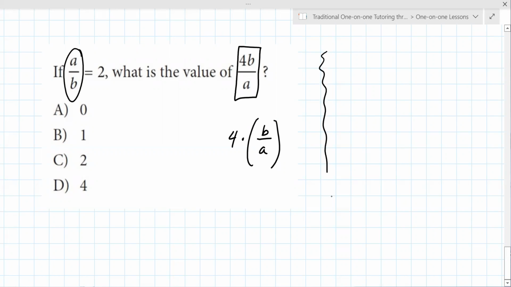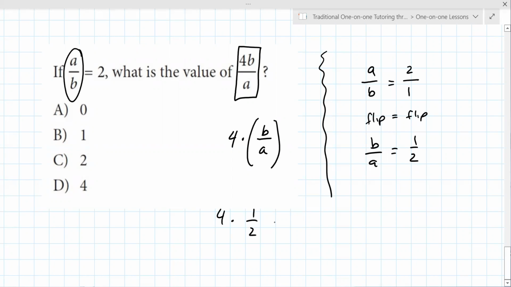So over here off to the right, if I write a over b equals 2 or 2 over 1, b over a equals 1/2. So if you flip the left, you flip the right. Do you see that? Yeah. Okay, and then we take 4 times 1/2, and yes, that's 2, but not for the reason that you said.